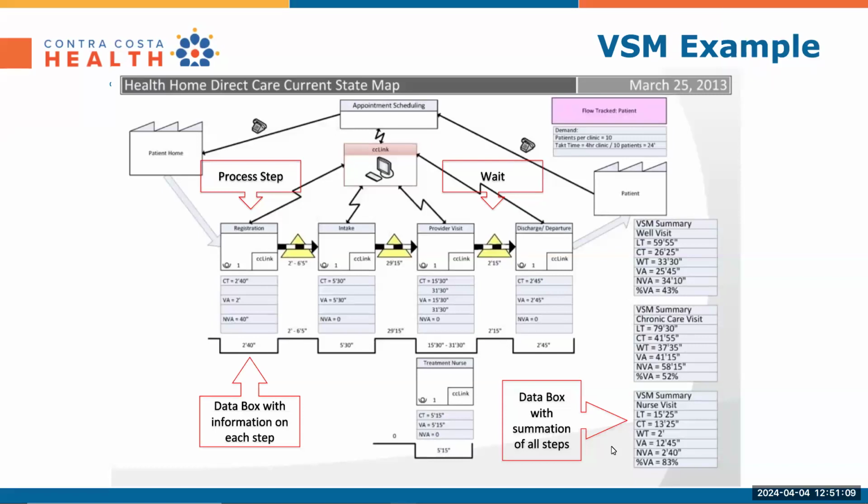If it's less than 100%, that is what they call first pass yield, and it's not on here. Each step has a yield associated with it. How reliable is that step? The lower the reliability is, the more prone it is to error and rework.